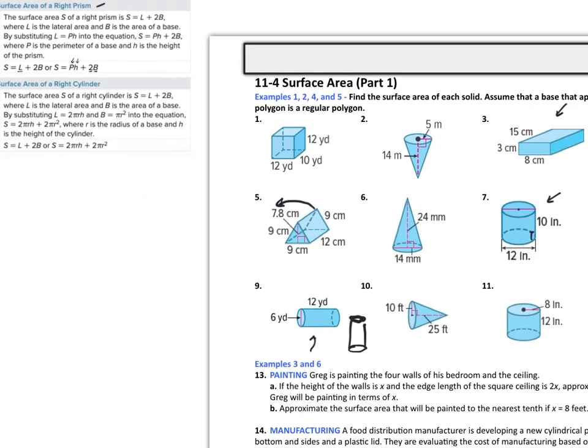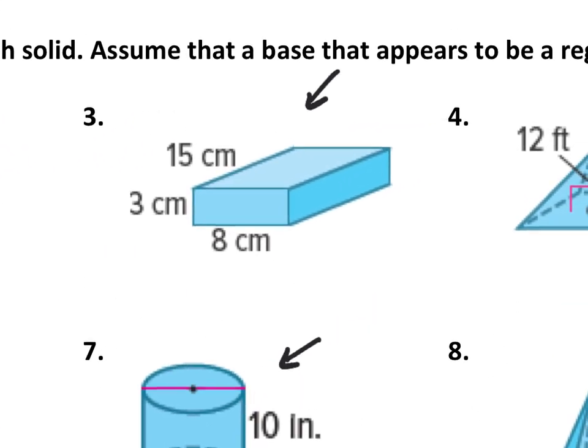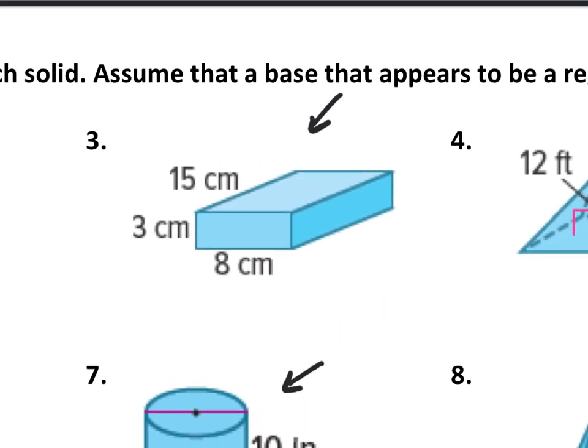So what does that mean, the perimeter of the base? Well, if using number 3 as an example, pretend I've got this in the background, right? There's my back side of my thing. So here we go. Here's my item here, my right prism.